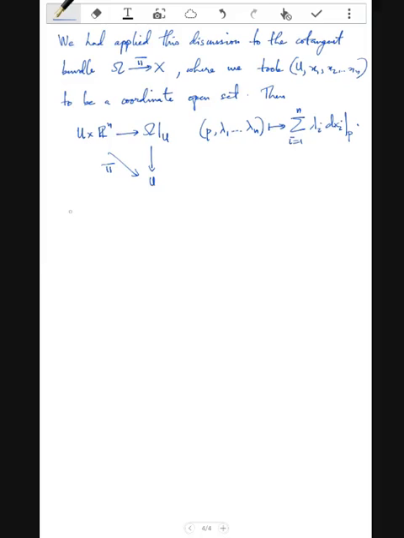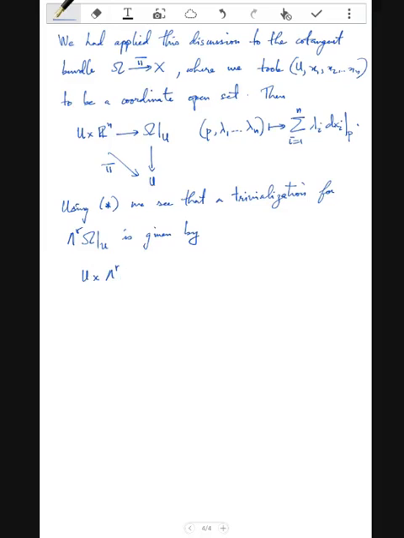And so, using the previous discussion, using star, we see that a trivialization for exterior r omega restricted to U is given by U cross exterior r of Rn.